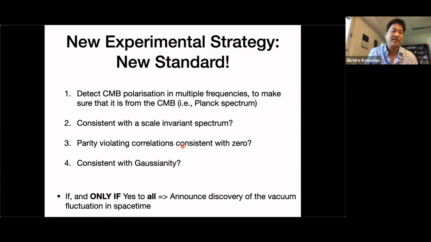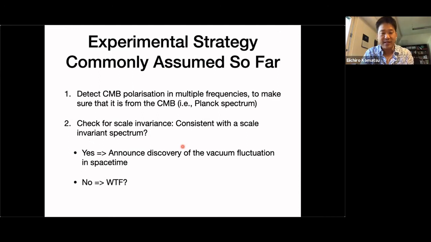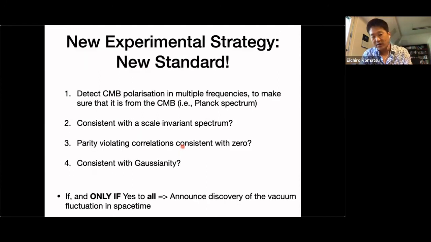Then you can have a cross correlation between E and B polarization, which violates parity, which wouldn't exist for vacuum fluctuation because vacuum doesn't care if it's left or right. But matter fields, for the weak interactions, violate parity. So you can get cross correlation between E and B polarization that you can use to check parity violation.